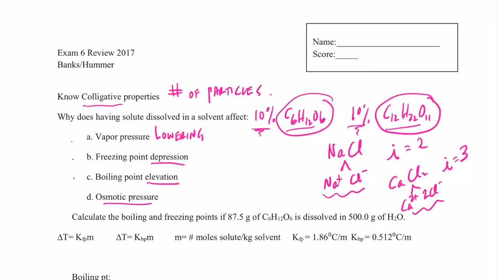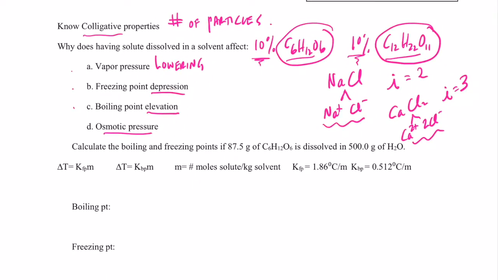Okay? What I thought I would do is just review a boiling point elevation and a freezing point depression problem for you, and then I'll let you, on your own time, investigate vapor pressure lowering from your notes. So let's say I have an 87.5 gram sample of glucose, and I dissolve it in 500 grams of water. I want to find out what the new boiling point of my water solution would be, and the new freezing point.